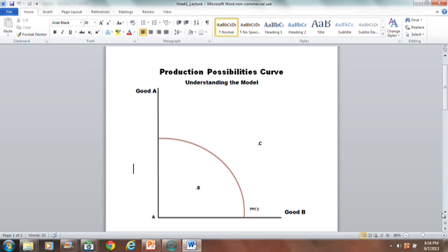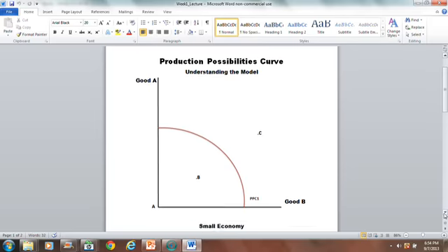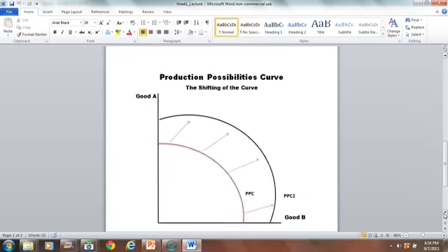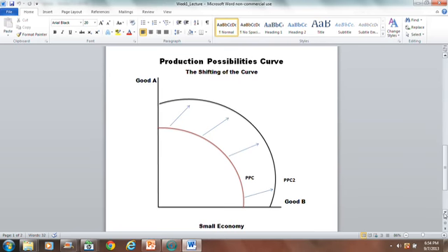For example, as I show in the next exhibit, the production possibilities curve shifts from its original position, say it expands out to the right, so it goes from PPC1 over to PPC2.